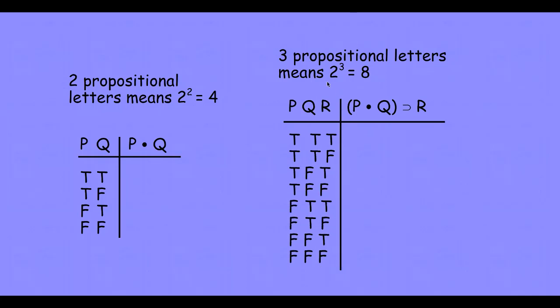So our simple constitutive statements, our formula: true, false, true, false, true, false, true, false, 8 rows. Then go to the next one: true, true, false, false, true, true, false, false. And finally, true, true, true, true, false, false, false, false.